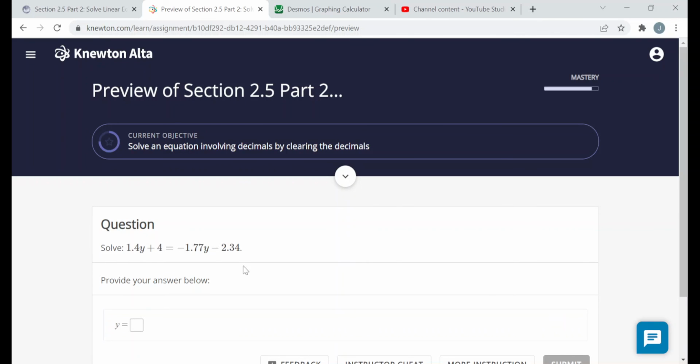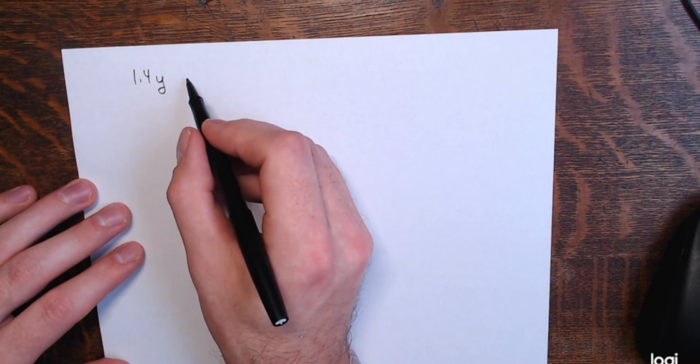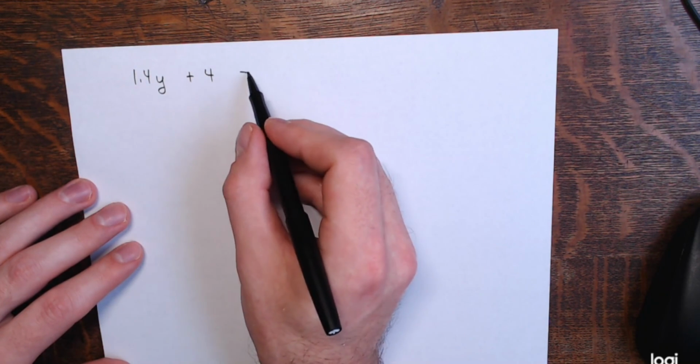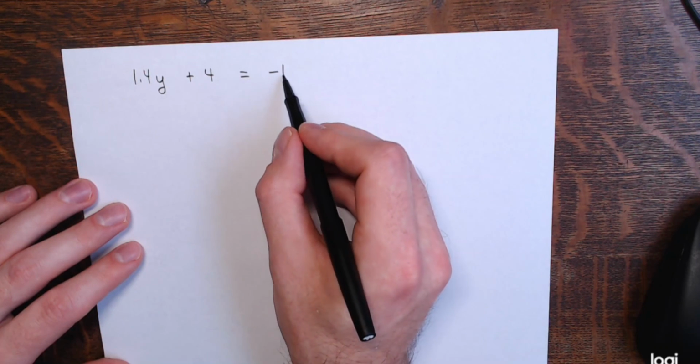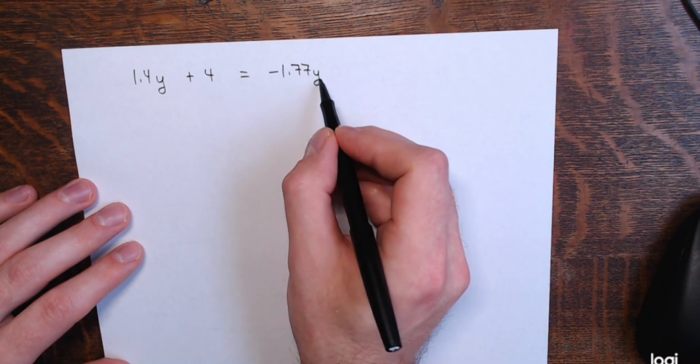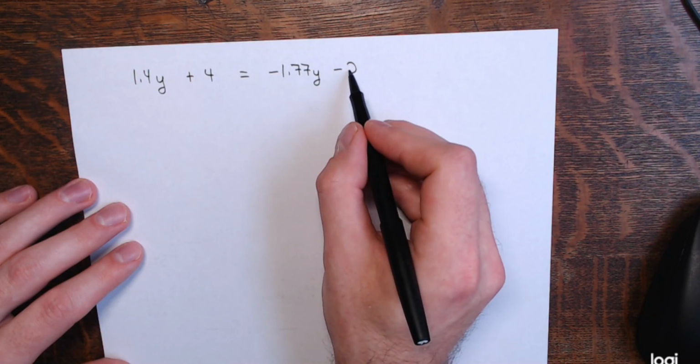Alright, so again, I'll write it out. There are no parentheses to clear with the distributive property, so I'm just going to clear the decimals and solve. Alright, so 1.4y plus 4 equals negative 1.77y minus 2.34.